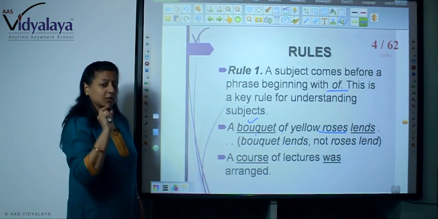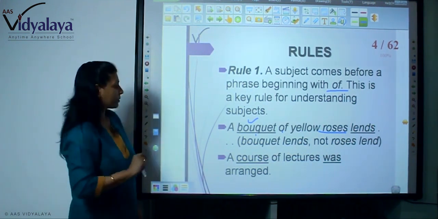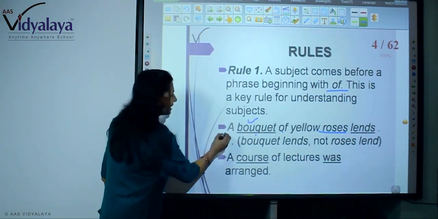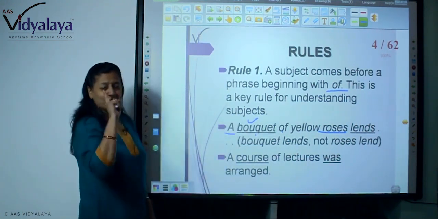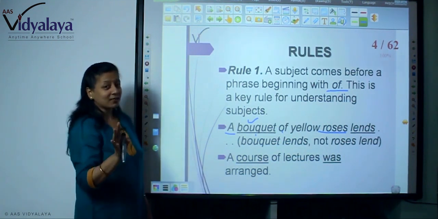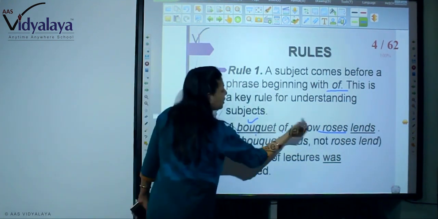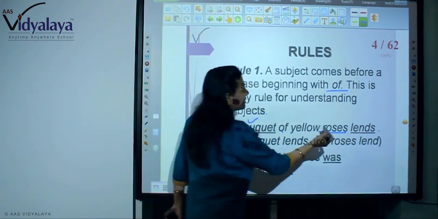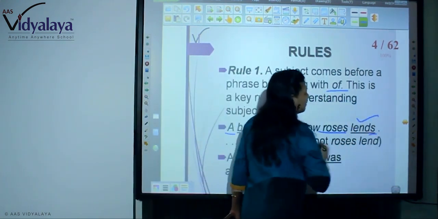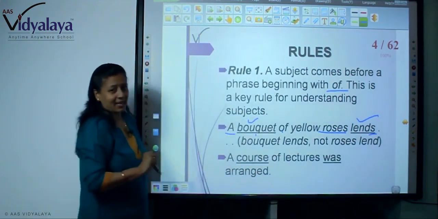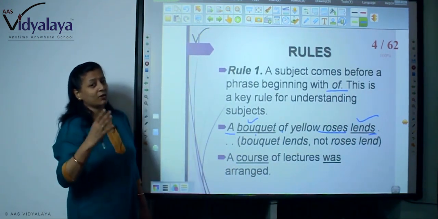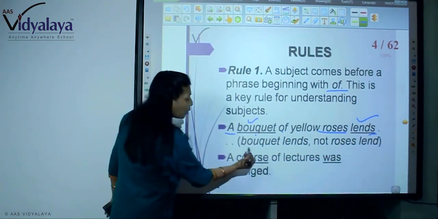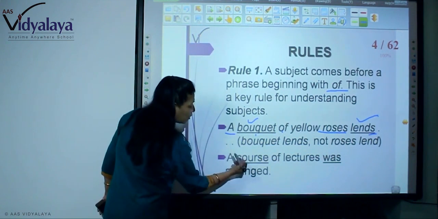According to that subject you will have to place the verb. Now, a bouquet of yellow roses lands, as this is A. A means 1. Try to understand. A bouquet of yellow roses. So, according to the singular, here is the verb lands. We have used s. As you know, with the singular, we use s in the verb. Now, a course of lectures.